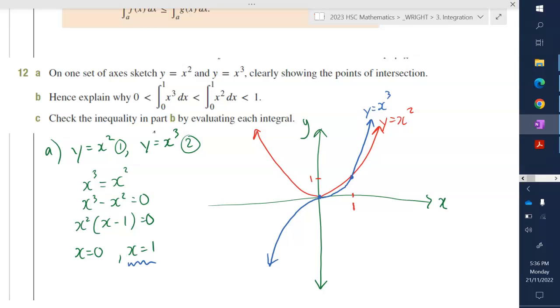Part B says to hence explain why 0 is less than or equal to the integral of x cubed between 1 and 0, which is less than the integral of x squared between 1 and 0, which is less than 1. So let's have a look at what that's saying. 1 and 0 is where we want to be looking, so we're looking at there and there.